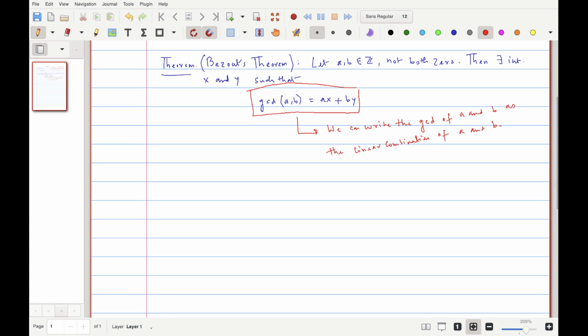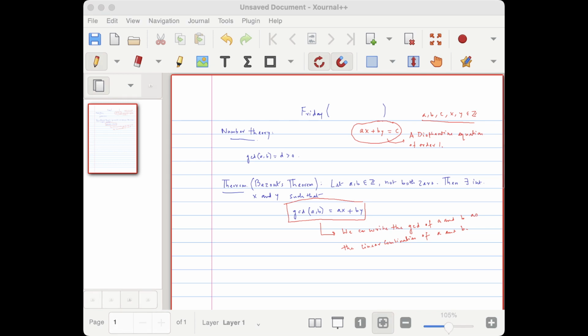Now, before we go to Bezout's theorem's actual proof, let's take a moment to think about how we did the proofs in case of, say, the division algorithm.